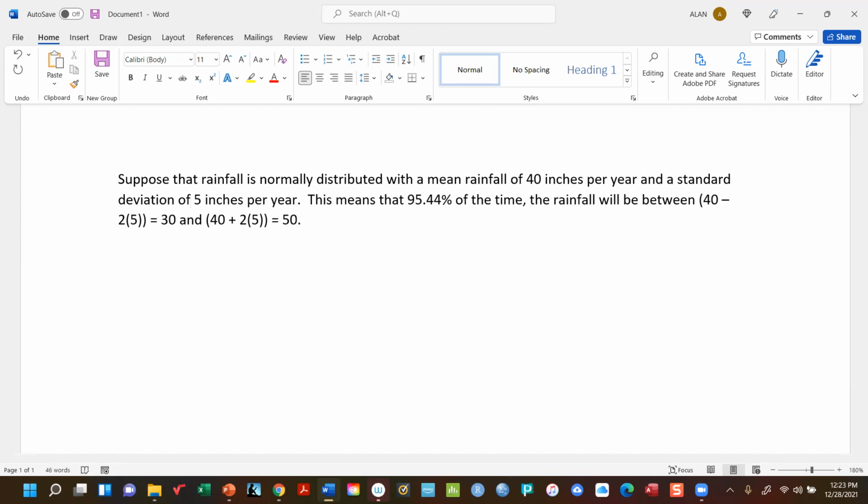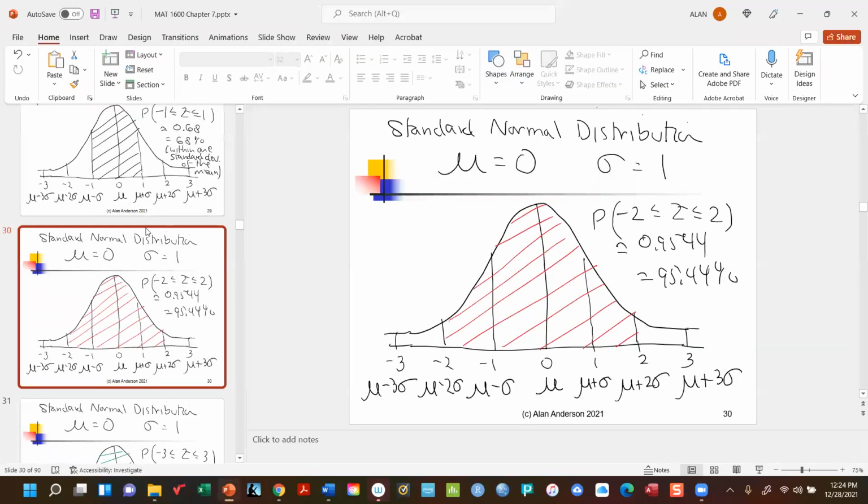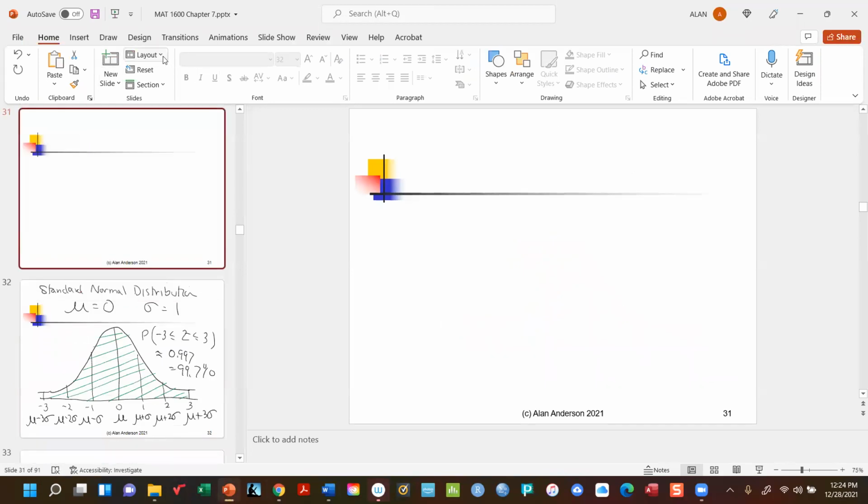So just from that alone, we know that about 95.44% of the time, the rainfall will be between 30 and 50 inches because it follows the normal distribution. So in fact, I might as well keep this in the slides. It's a good example. I like it.